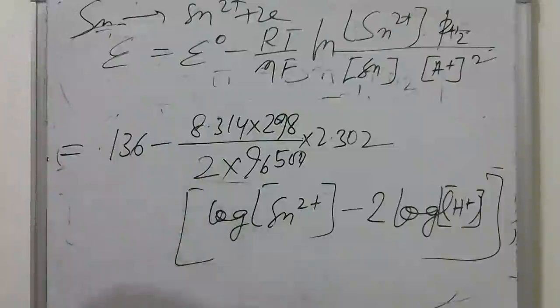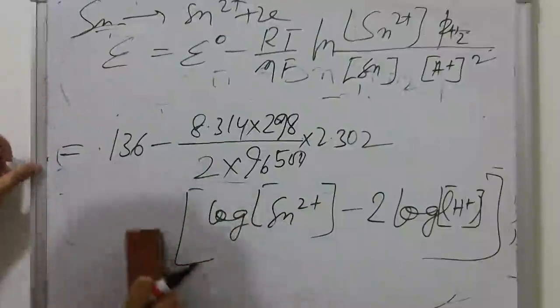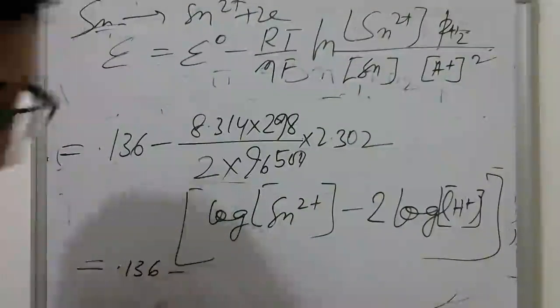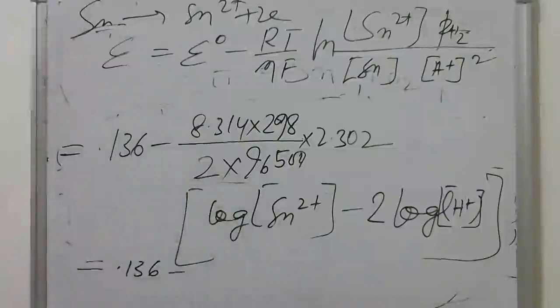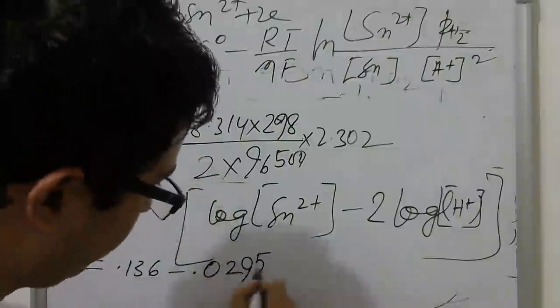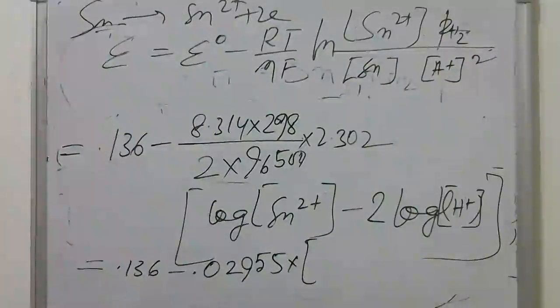It's 0.0128 multiplied by 2.302. It comes to be 0.02955. Right here, 0.136 minus 0.02955. The rest of the part is very easy.